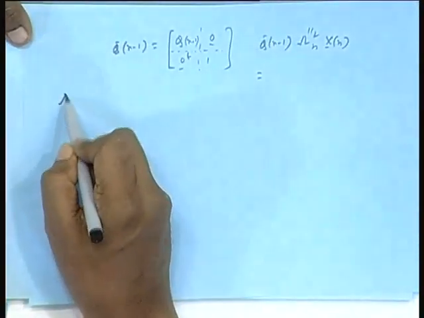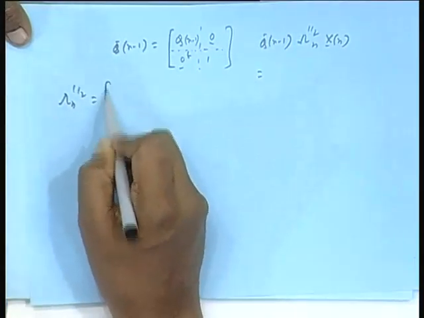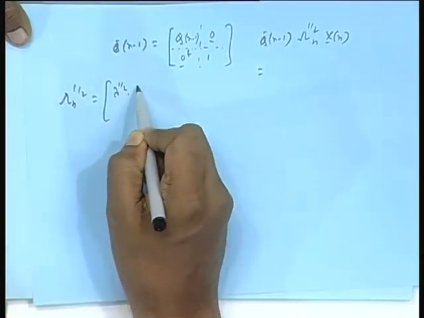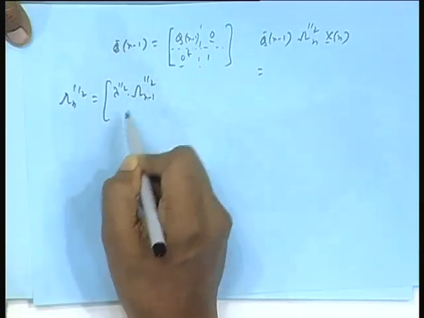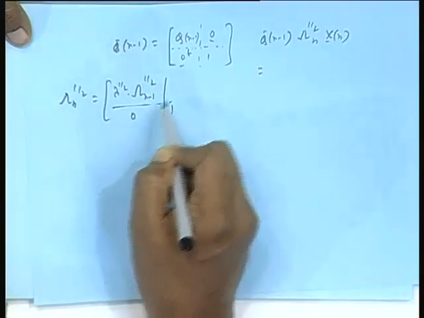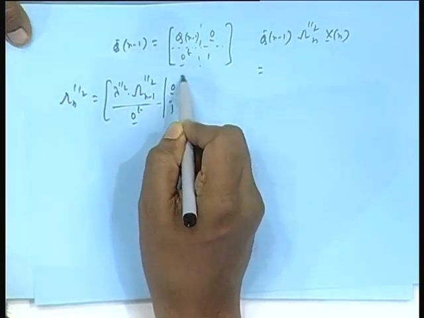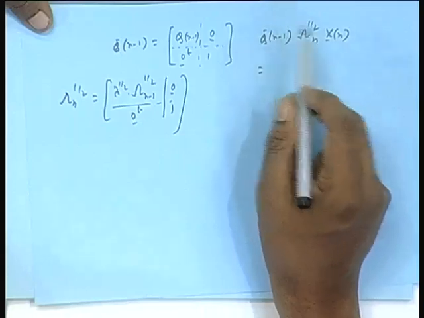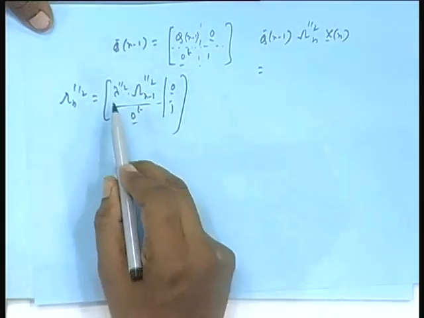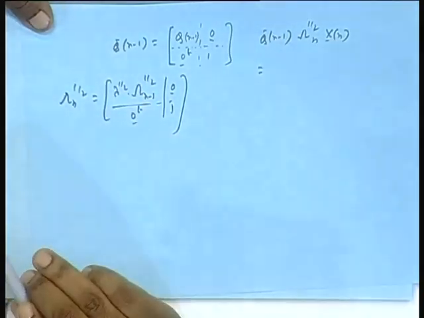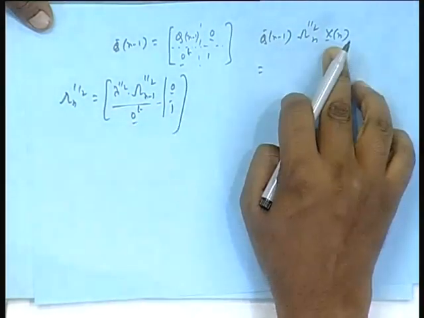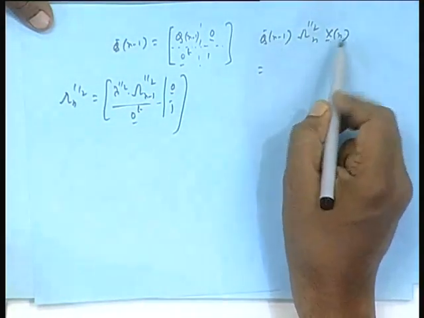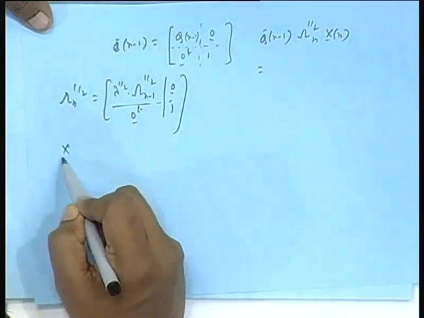You know this is nothing but lambda to the power half into delta, isn't it? It is a diagonal matrix only, 1 square root lambda square of that square of that. So, if I take that 1 out, take out square root lambda separately, this is this, and this matrix times this means what? Upper half x n is what?